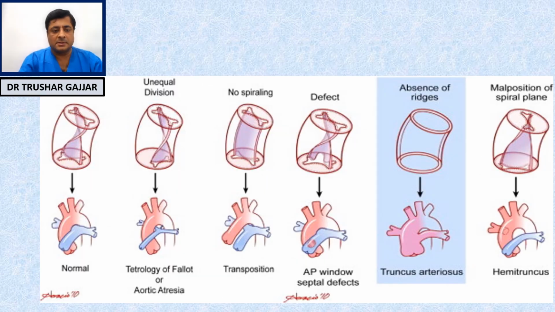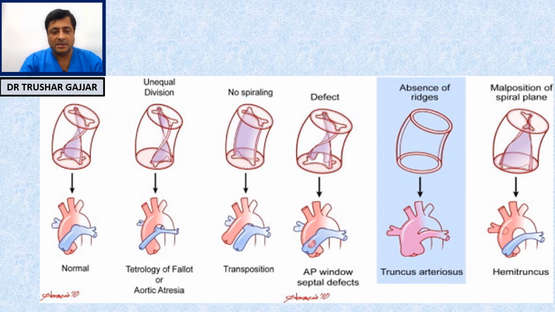So in this slide, we are seeing that there is a normal septation, which leads to the normal heart with a spiral septum. Unequal division of the aortopulmonary septum will lead to the formation of tetralogy of Fallot with pulmonary atresia, or if it is on the right side, it will lead to aortic atresia.